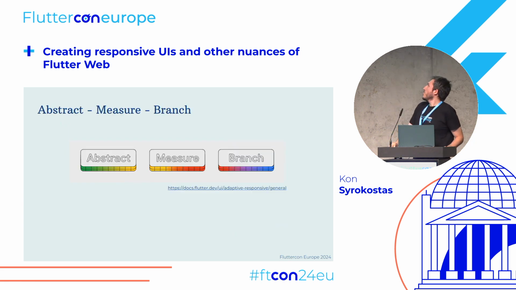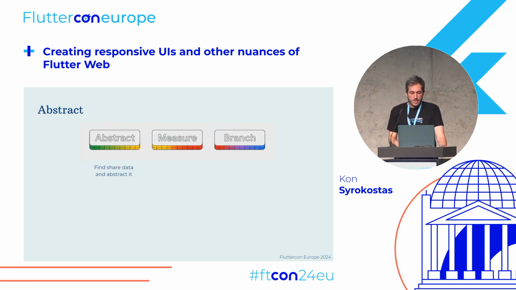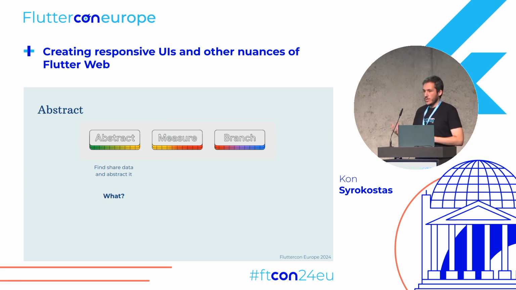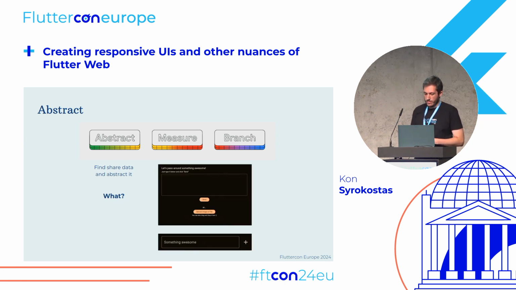A few months ago, Google released a guide on how we can build adaptive UIs. They did this in Google I/O and it has three steps: abstract, measure, and branch. In the abstract step, the idea is you find what you want to have differently in different types of screens, and you abstract its behavior and define what you can have.